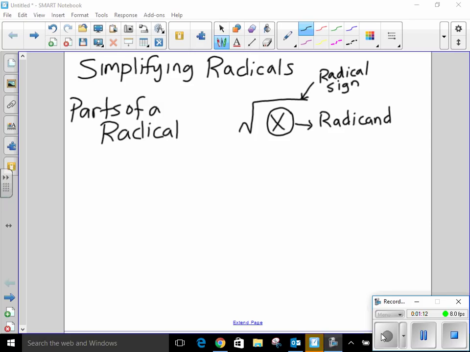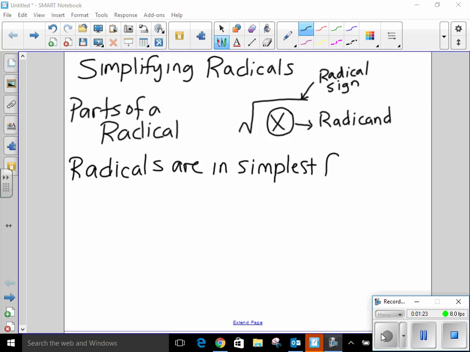In order to be in simplest form, there are some rules that have to apply. Radicals are in simplest form if these three things are not there.